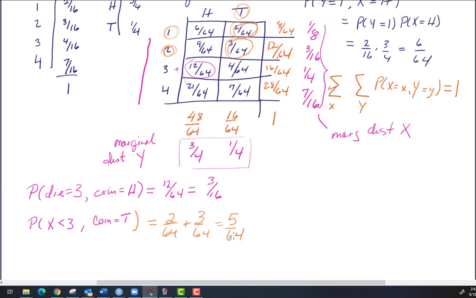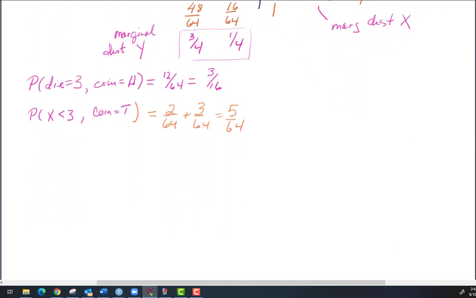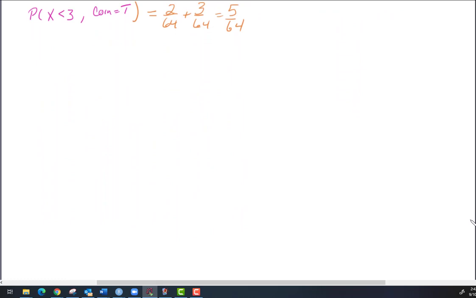All right, so that's a table that serves as the joint probability function. But more often we'll have a probability function that serves as the joint PDF. So let's take a look at how that would work.